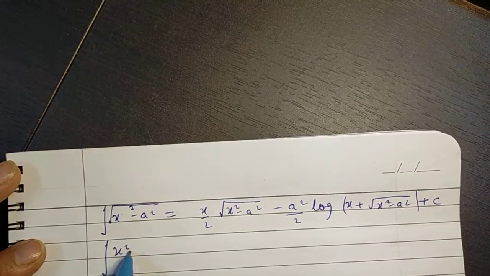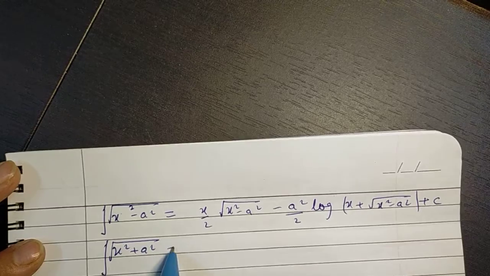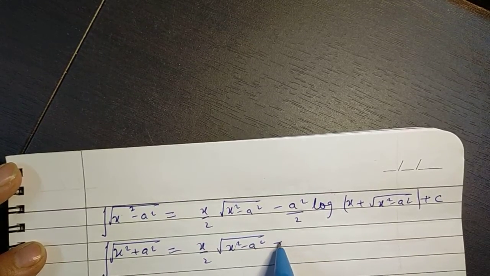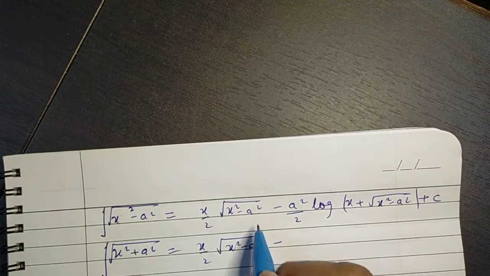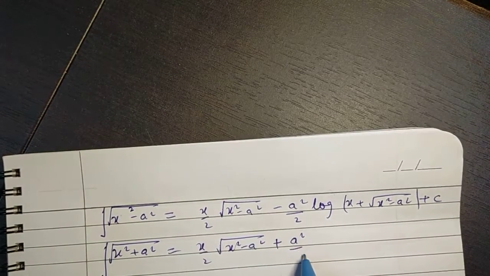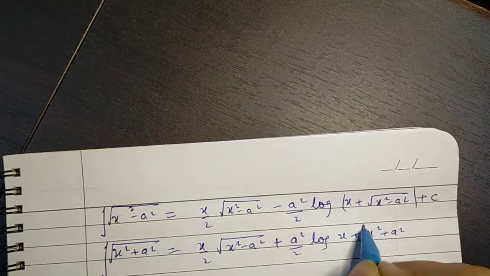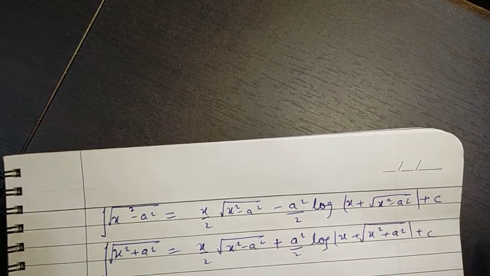The next one is a similar one, which is x by 2 under root of x squared plus a squared, and here we have a plus sign, a squared over 2 log of x plus x squared plus a squared under root plus a constant.